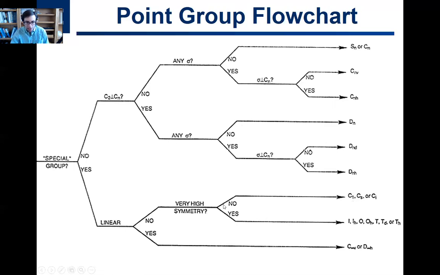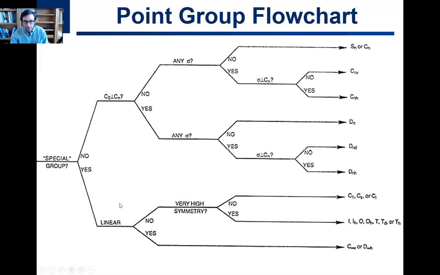C1 means it just has identity. Cs means it just has a mirror plane. And Ci means it just has inversion. These ones are different: icosahedral, octahedral, and tetrahedral ones. If it has no subscript, it doesn't have any mirror planes. If it has an h, that means it has a horizontal mirror plane. And if it has a d, it has a dihedral mirror plane.